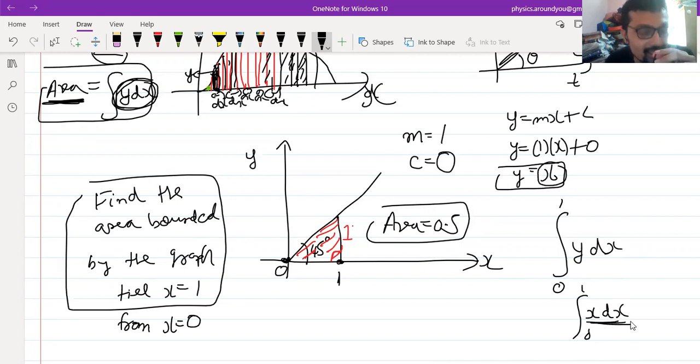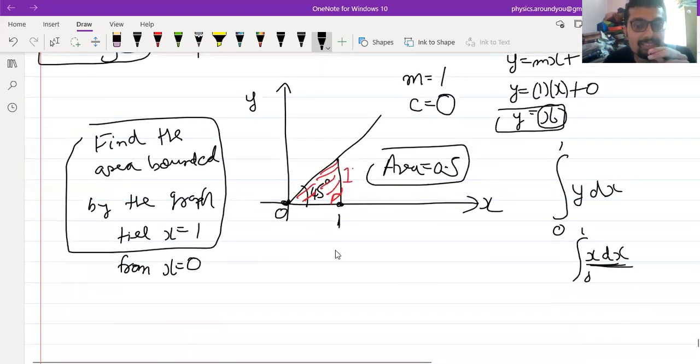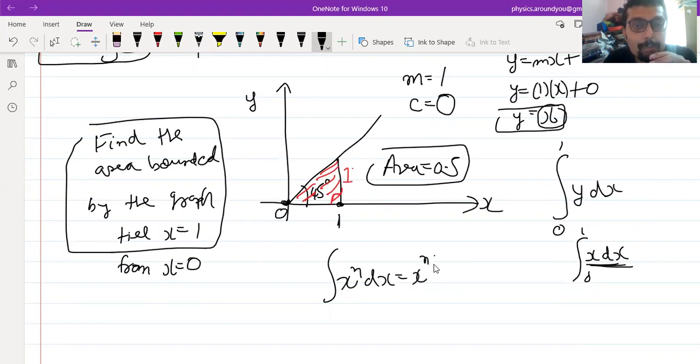We know the rule: integral of x power n dx is x power n plus 1 by n plus 1. What is the value of n? 1. So if you use the formula, it is x square by 2 between the limits 0 to 1.